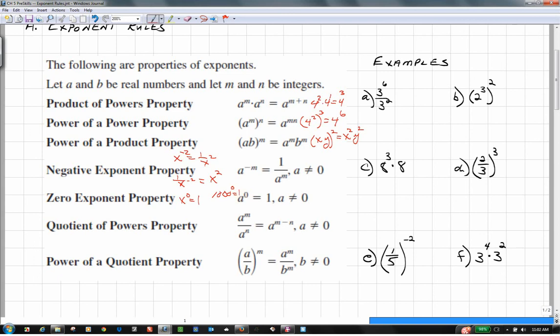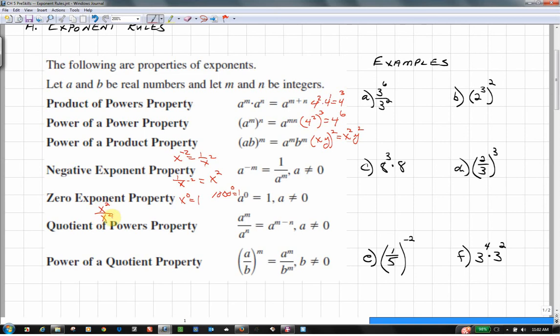Whenever I have two bases and one's in the numerator, one's in the denominator, they're the same base, then my exponents subtract. And really I want to look at the largest exponent. I don't want negative exponents. So say, for example, that I have a situation where I have x squared all over x to the 4th.